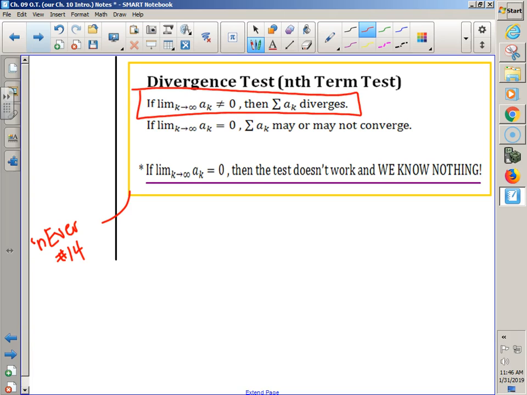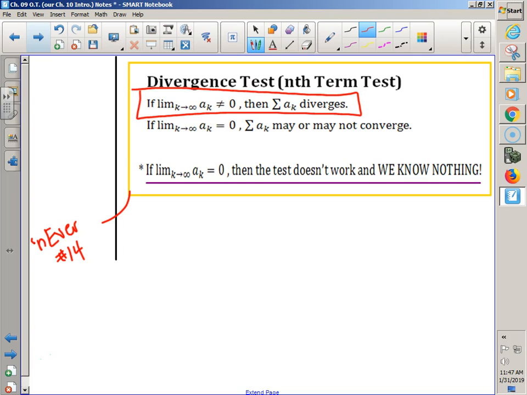This is what can be proven. The rest of the card is basically warning you that nothing else can be proven by this limit. The only result of the limit that can prove anything is if the limit is not 0, the series diverges.